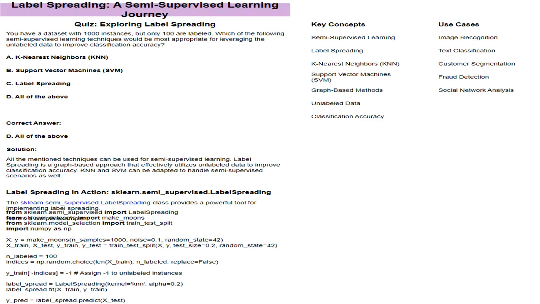Label spreading. A graph-based semi-supervised learning algorithm that propagates labels from labeled instances to unlabeled instances based on their connections in a graph representation of the data. This iterative process allows the algorithm to leverage the information from unlabeled data to refine the label assignments and improve classification accuracy.